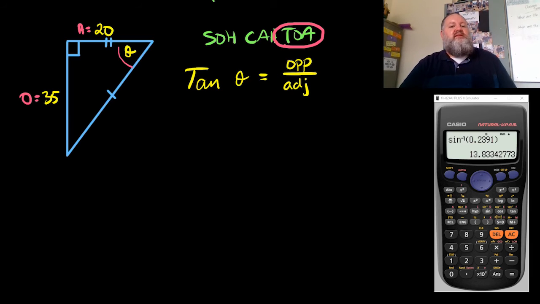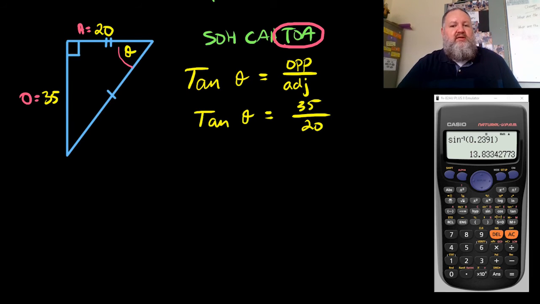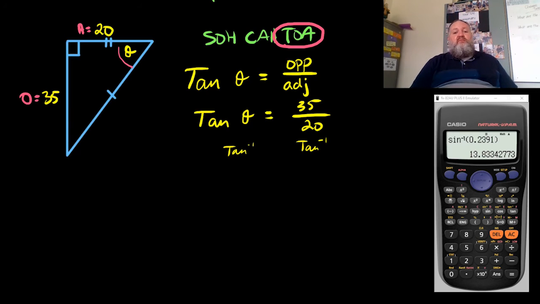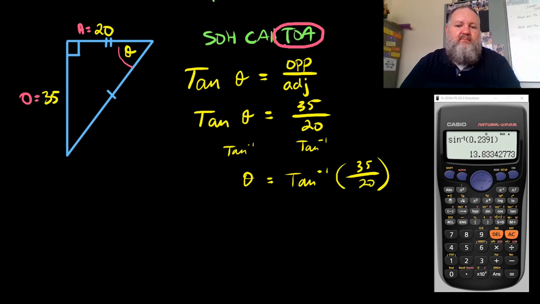Okay, so tan of the angle is equal to the opposite over the adjacent. I'm going to substitute in the things that I have. It's still tan of theta, but it's equal to 35 over 20. Now, is theta by itself? Well, no, it's not. I'm going to multiply both sides by tan to the -1, because that's the inverse of tan. That's how I get rid of tan. So I'm going to end up with a calculation that looks a lot like this one here: theta is equal to tan to the -1 of 35 over 20.